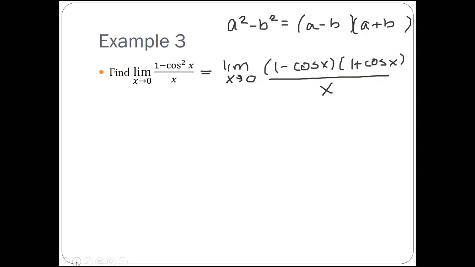We see that that is a special formula. It's the 1 minus cosine x over x. Well, that special formula says the limit as x approaches 0 of that is 0.